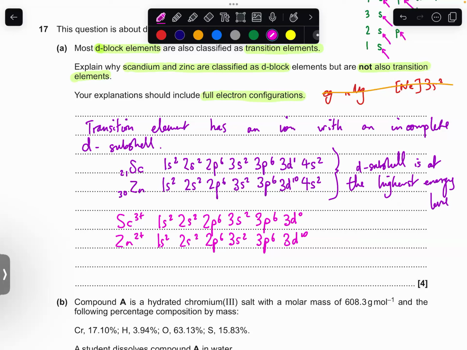You see, look at the word used in the definition: incomplete or partially filled. Not fully filled, partially filled. You see, the 3d subshell in scandium is empty.